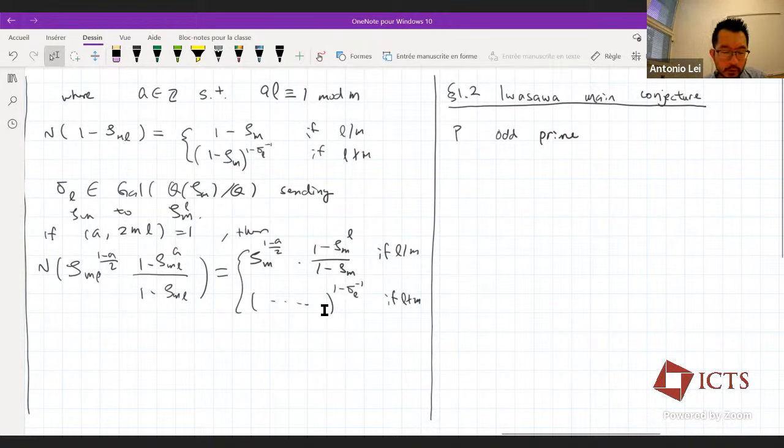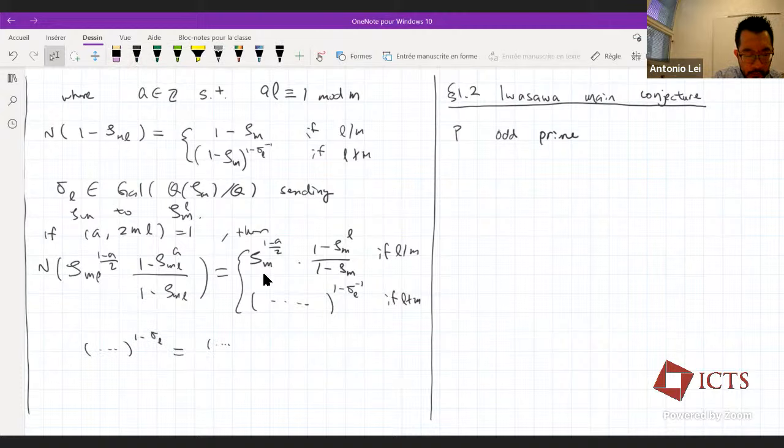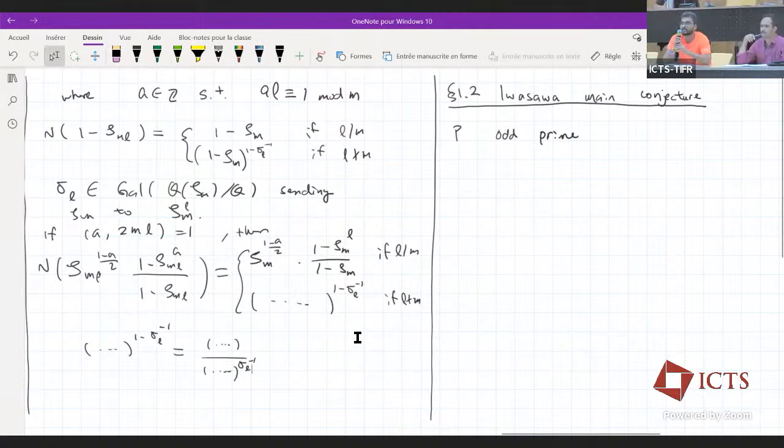So what it means is that you look at this. When I say 1 minus sigma L, what I mean is this element divided by this element, applied to sigma L minus 1. Yes, that's what I meant.